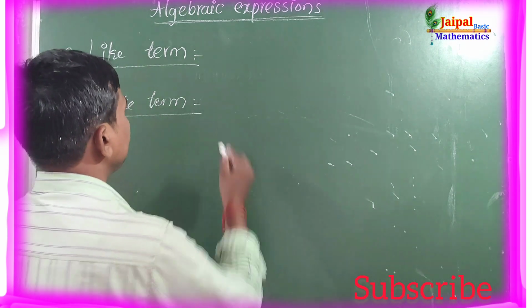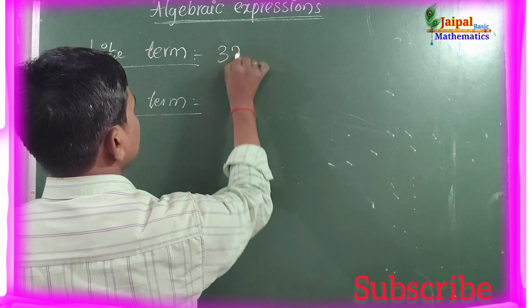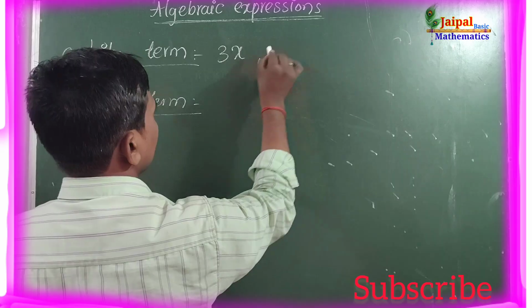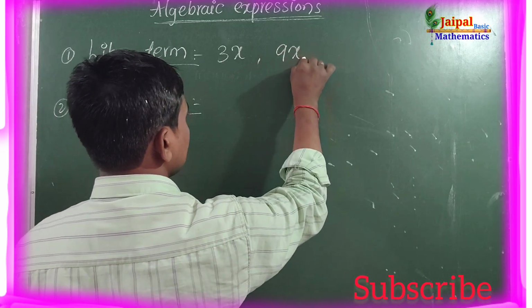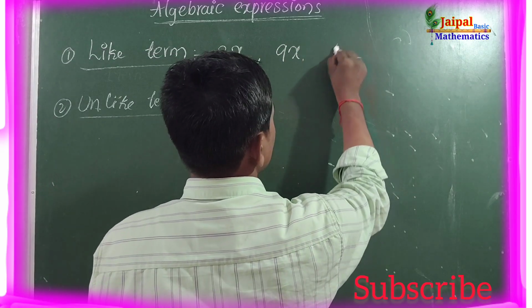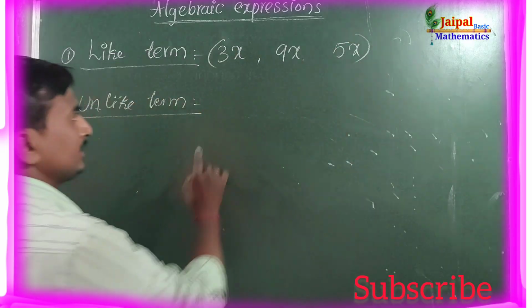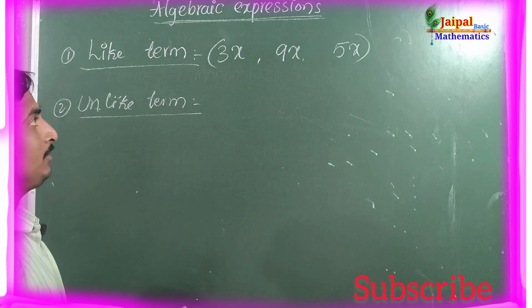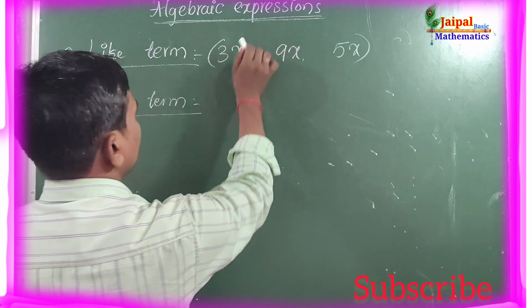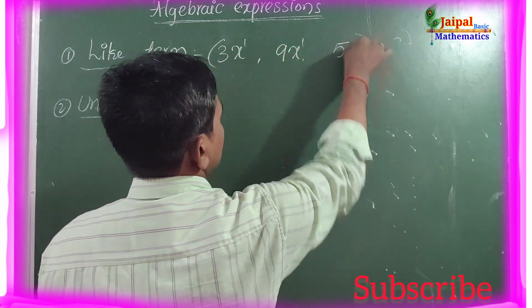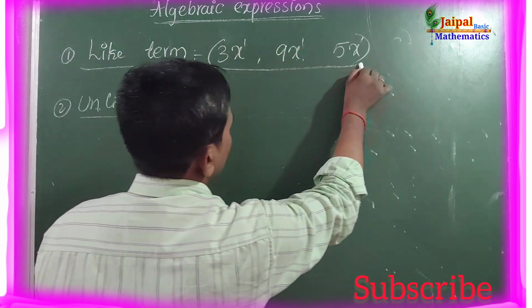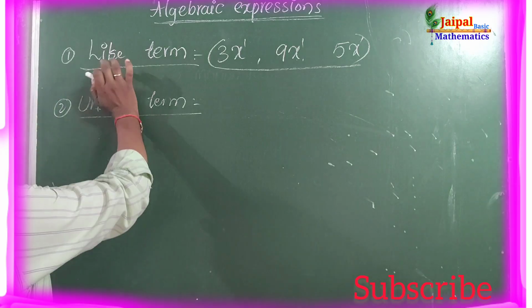For example, 3x is one term and 9x one term and 5x. See, in this group of terms the variable is the same and that variable's power is the same. Here x power 1, here x power 1, here x power 1. So this kind of group of terms is called like terms.